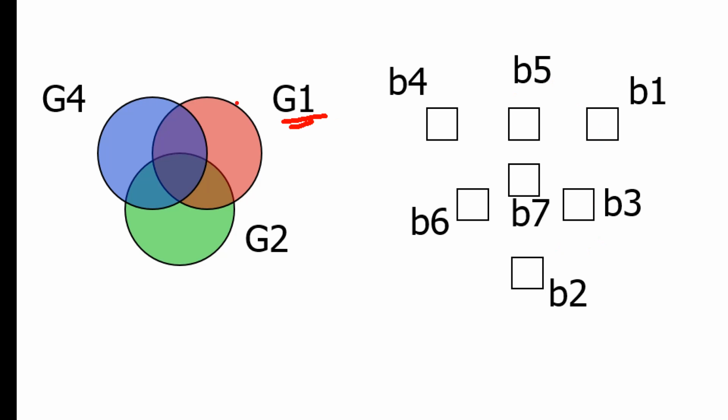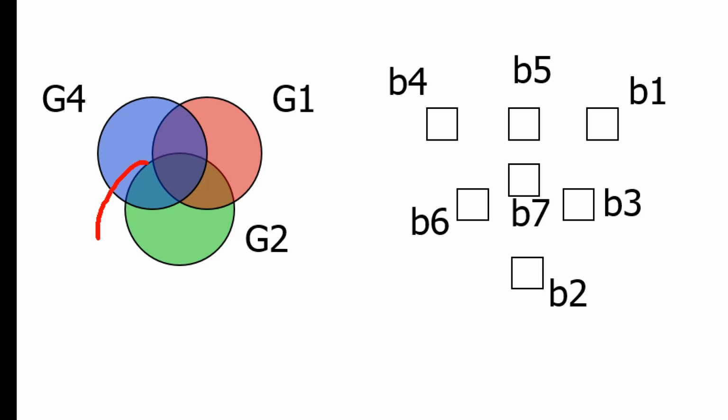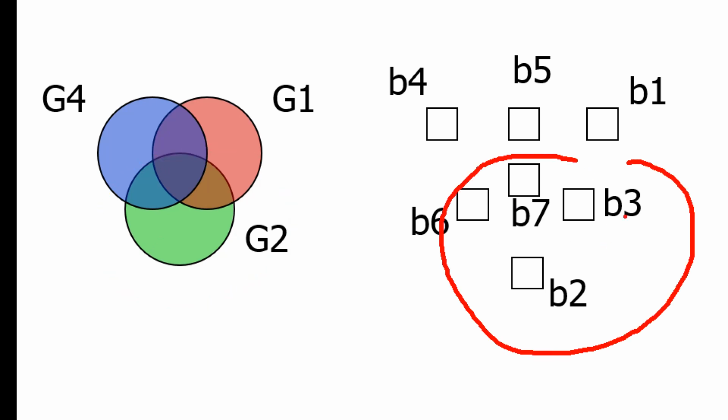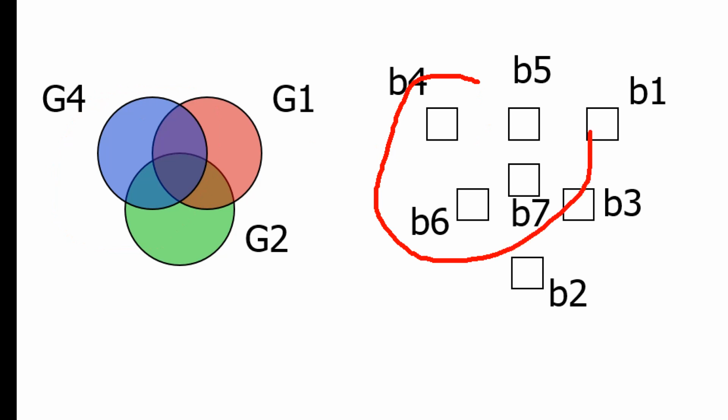For G1, group 1 contains B1, B3, B5, and B7. For group 2, G2, there are B2, B3, B6, and B7. And B4, B5, B6, B7 are in G4.